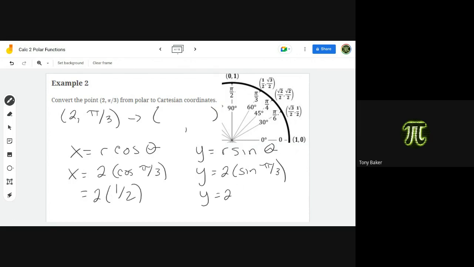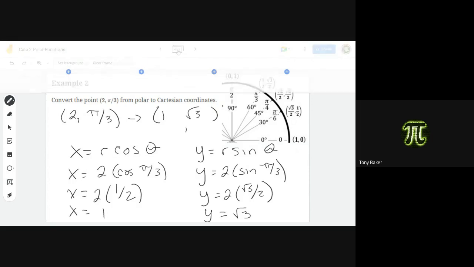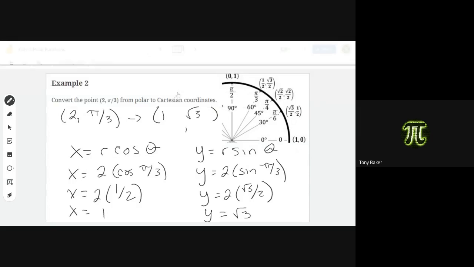And sine, this is square root of 3 over 2. So my x will be 1, and my y would be square root of 3. So this point is 1 and square root of 3. So we can change from polar to Cartesian and get the same point.